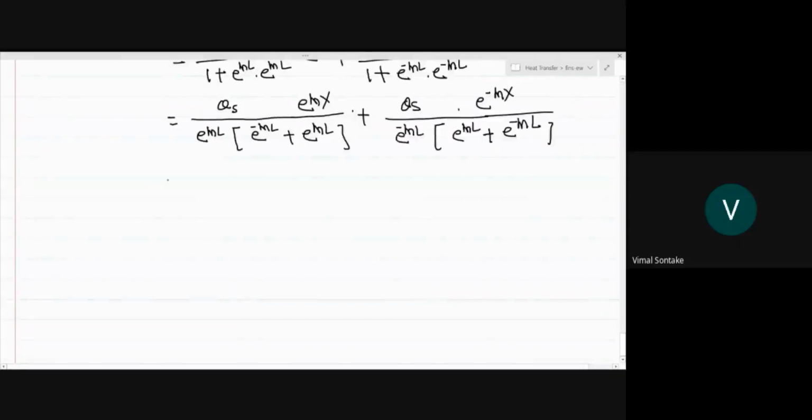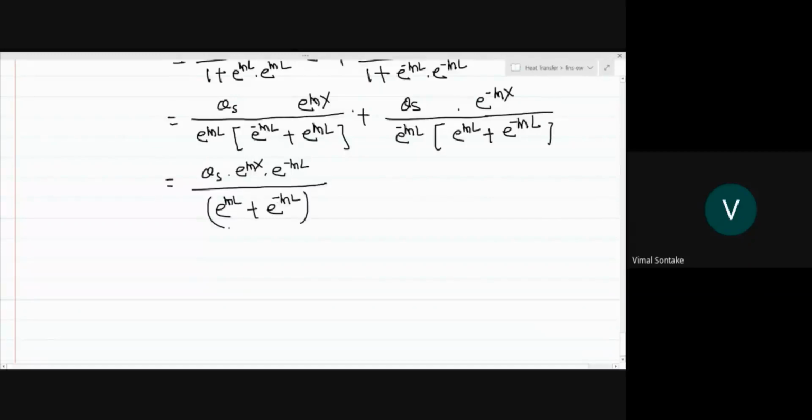Okay. Now take this e to the power ml on the numerator side, so it will become e to power minus ml. So theta s into e to power mx into e to power minus ml. Again from the law of logarithm, e to power ml plus e to power minus ml.